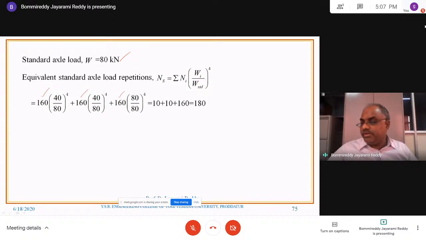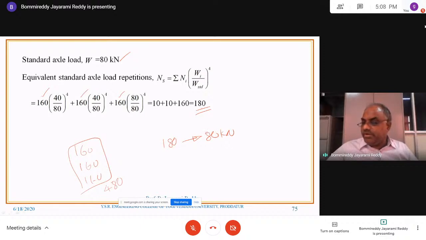That means out of all these 160, again 160, again 160, the total is 480 axles of different capacity. It is equal to 180 axles of 80 kilonewton load. That is the answer to the question.